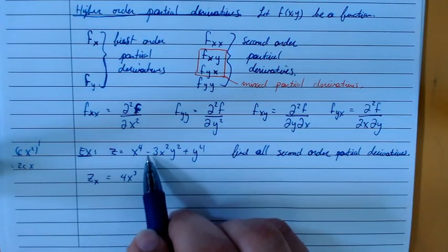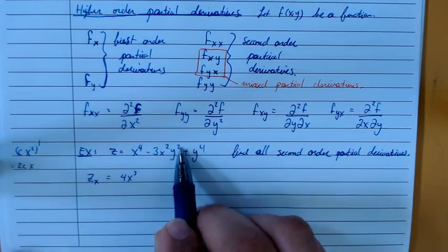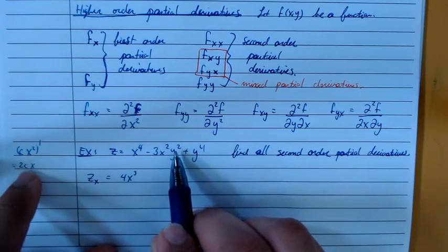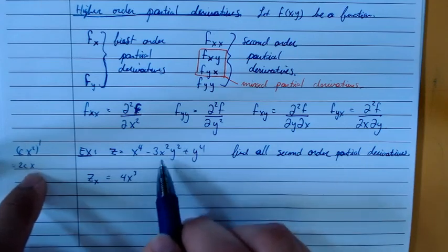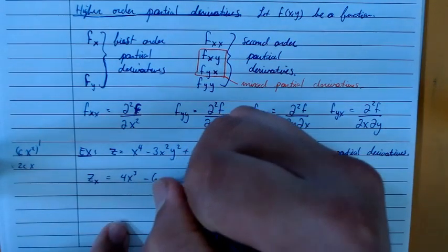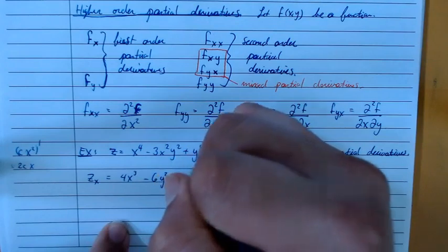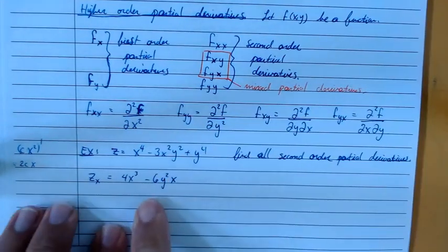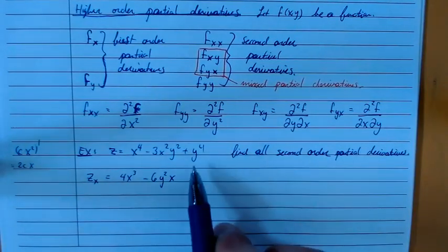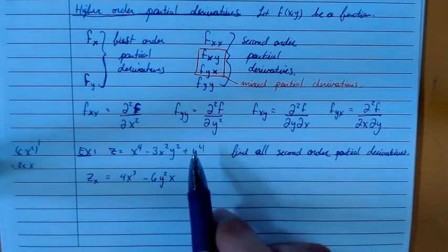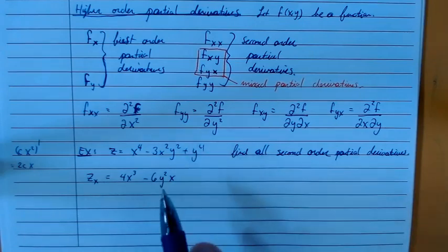This constant will stay exactly as it is, negative 3y squared. But now the 2 will come down and join it, so that'll be negative 6y squared times your x, or negative 6xy squared. Either order is fine. And then, of course, here the derivative of this is 0, because with respect to x, it's a constant.